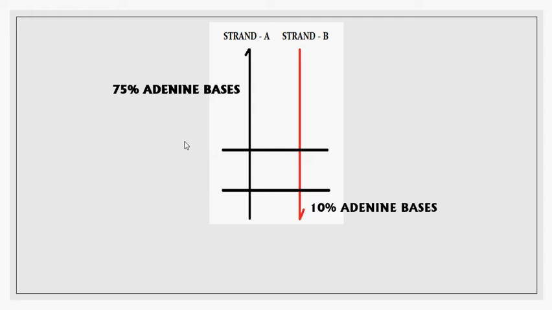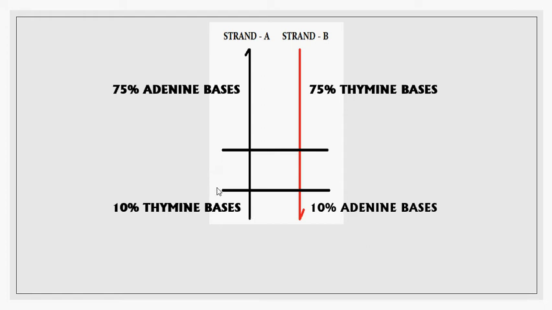So according to Chargaff's rule, 75% of adenine bases in strand A bind with 75% of thymine bases in strand B. Similarly, 10% of adenine bases in strand B bind with 10% of thymine bases in strand A.